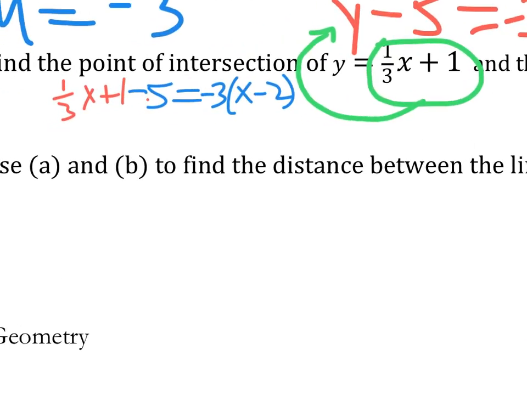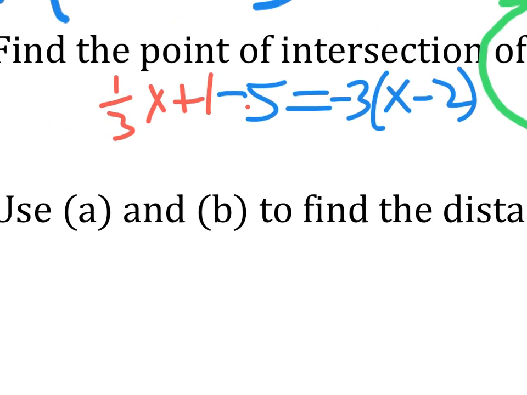Now let's just solve for x there in our little tiny spot here. So we have 1/3 x, 1 minus 5, that would be -4. And let's distribute this -3x plus 6. Now we got this 1/3 to deal with. We could go ahead and keep it in fractions, but it'll make life a whole lot easier if we just multiply both sides by 3, just to kind of keep things in integers.